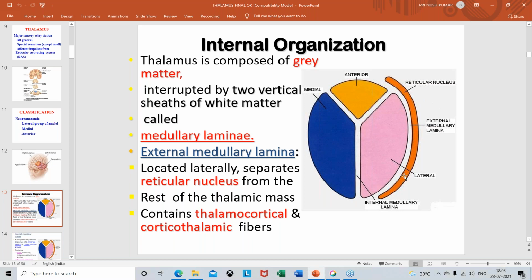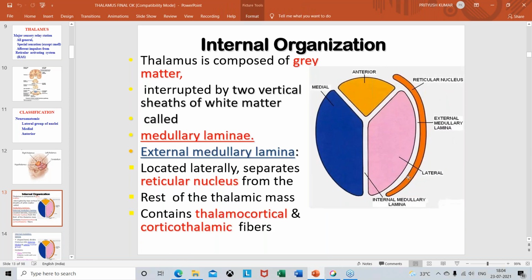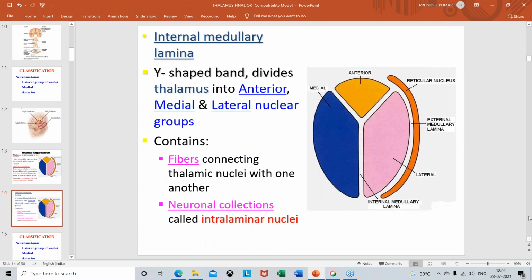This external medullary lamina contains thalamocortical and corticothalamic fibers, the fibers going from the thalamus to the cortex, and from the cortex to the thalamus. This Y-shaped structure is known as the internal medullary lamina.